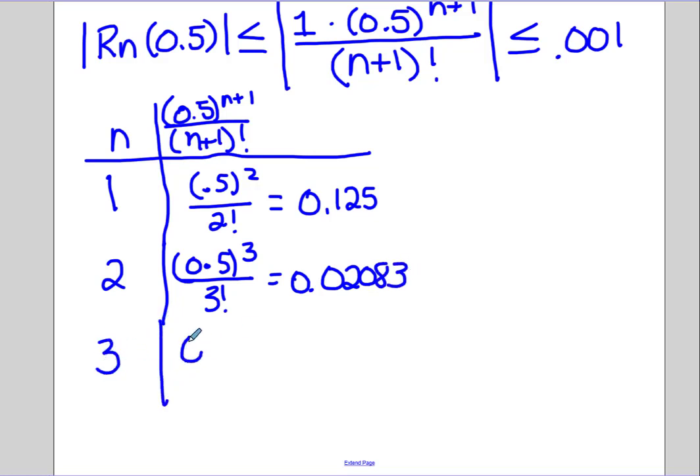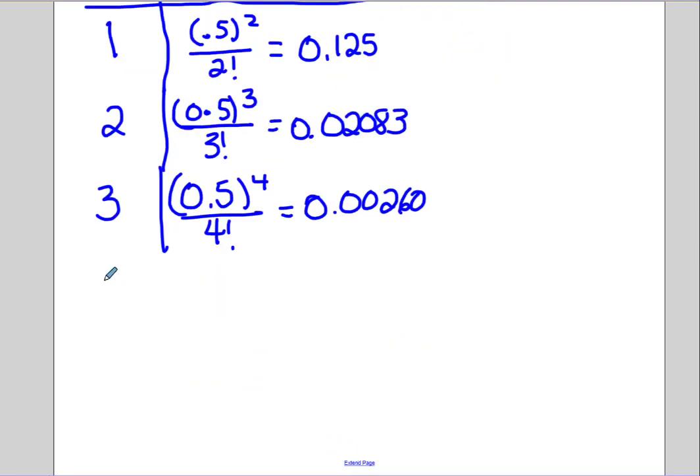When n is 3, we have a half to the 4th power divided by 4 factorial. And this is 0.0625 divided by 24. And that is getting closer. And when n is 4, we have a half to the 4 plus 1 power divided by 5 factorial. And that's 0.03125 divided by 120.